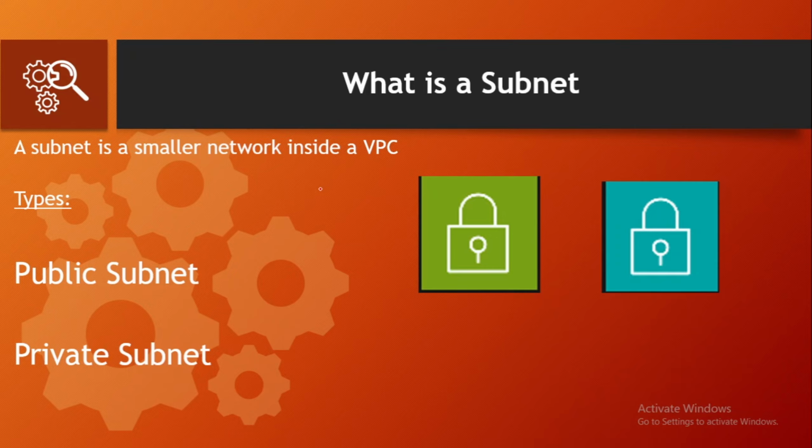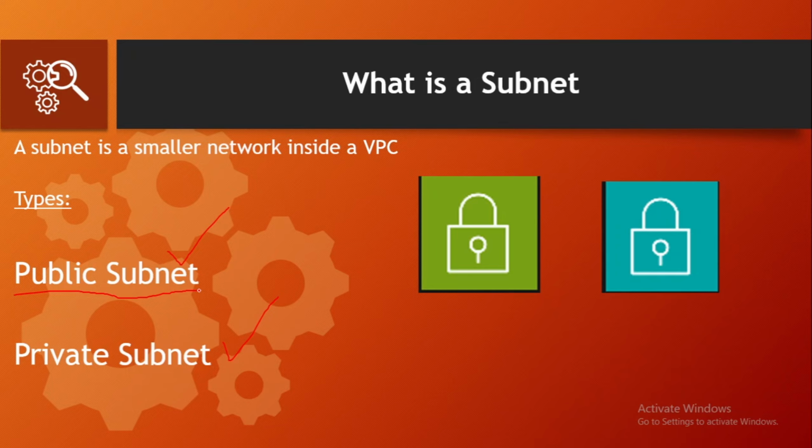Now in AWS, there are mainly two types of subnets: public subnet and private subnet. A public subnet is a subnet that communicates with the internet. This is where we usually place web servers, load balancers, and applications that users access online. That is why we use a public subnet, because these resources need to be reachable from outside AWS.